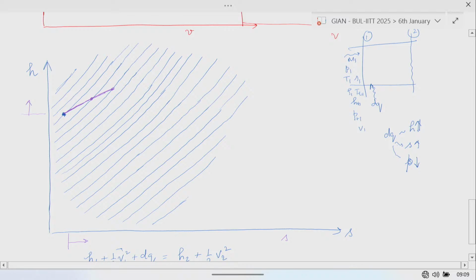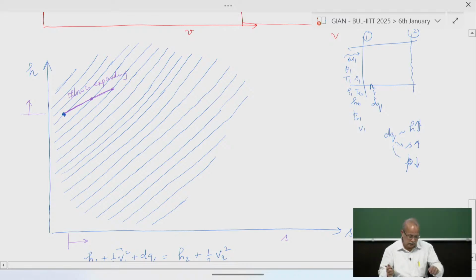The other thing we have to bear in mind is that the addition of heat, when the pressure is decreasing, also means the Mach number will increase, because the flow is expanding as the pressure is decreasing. Again, you see this is continuing to increase.